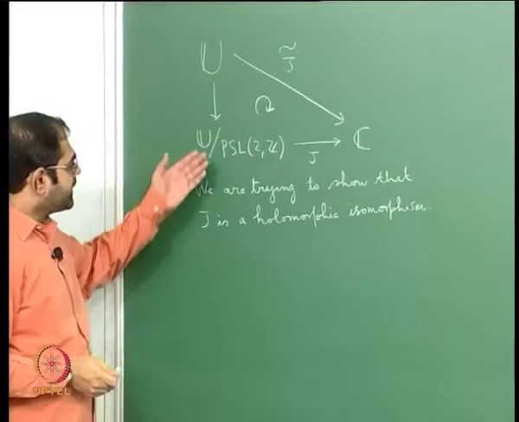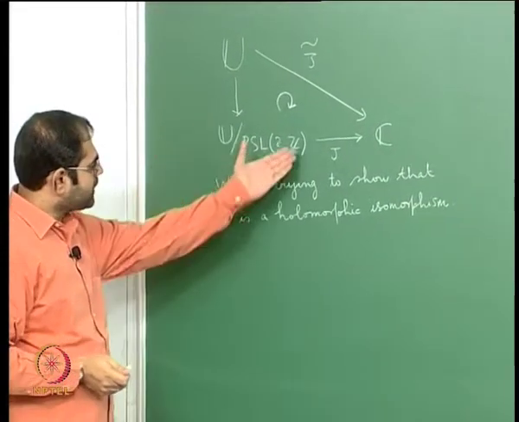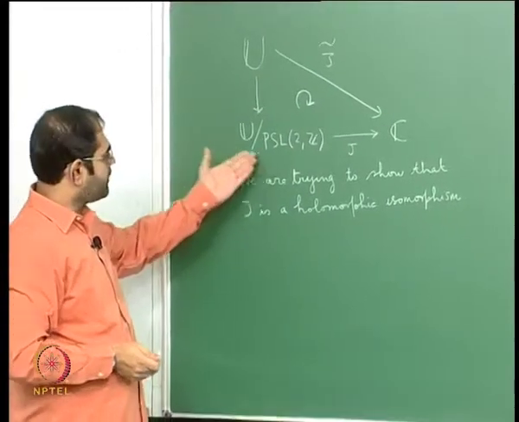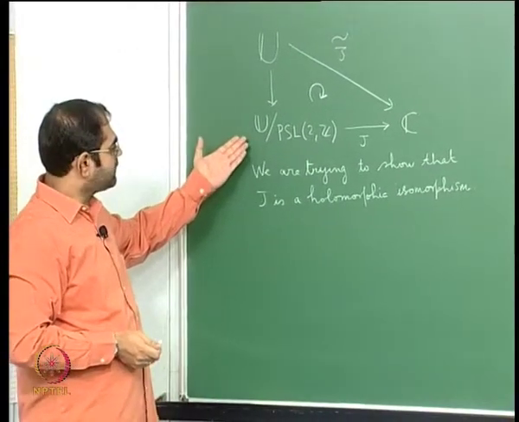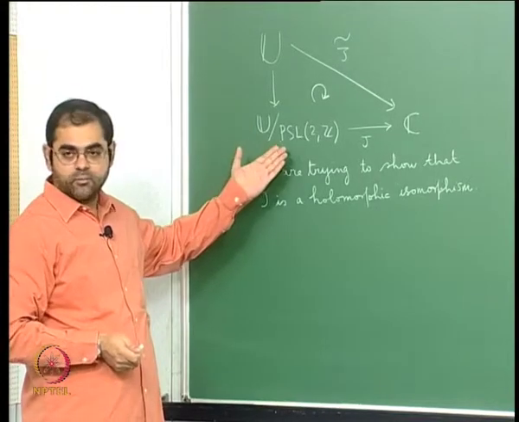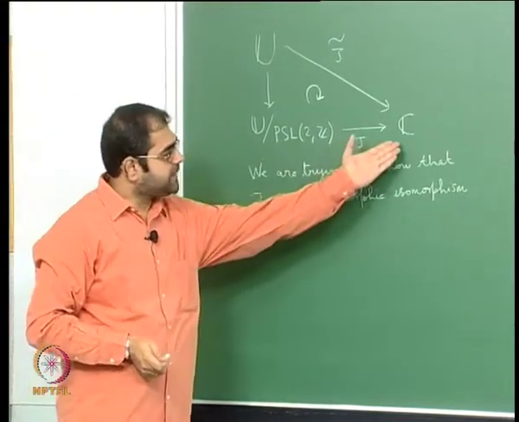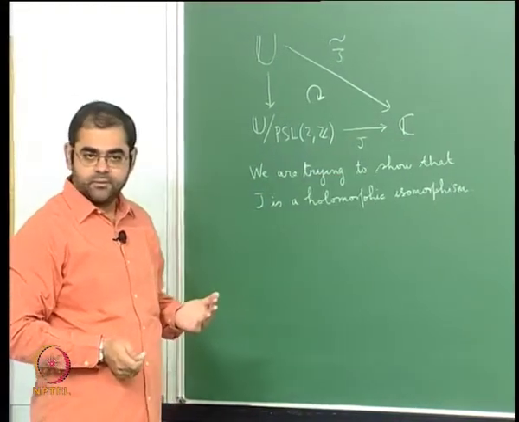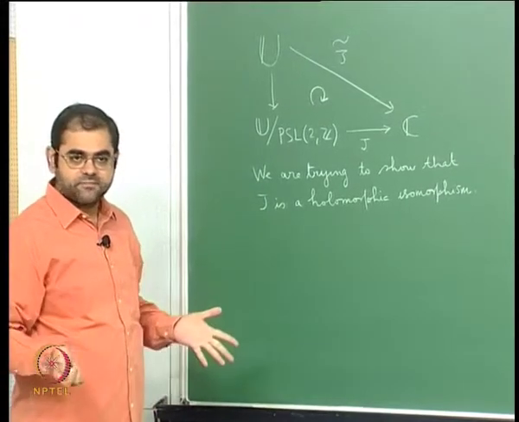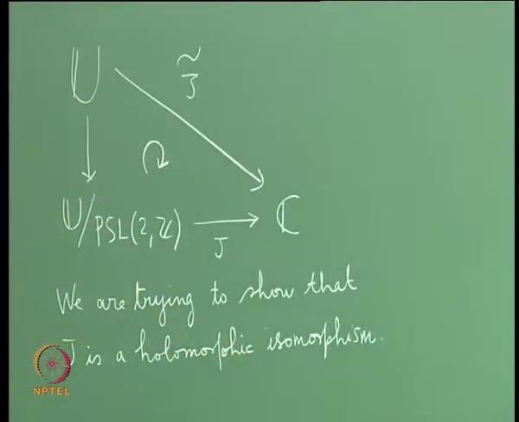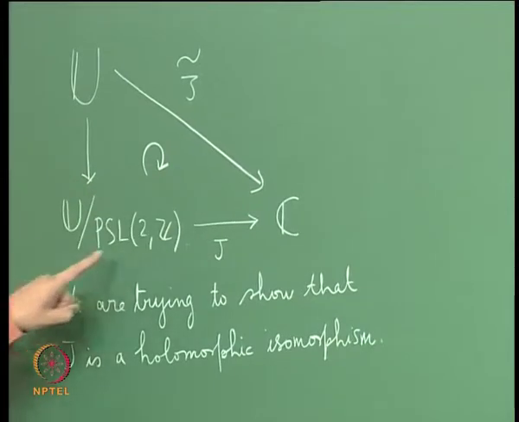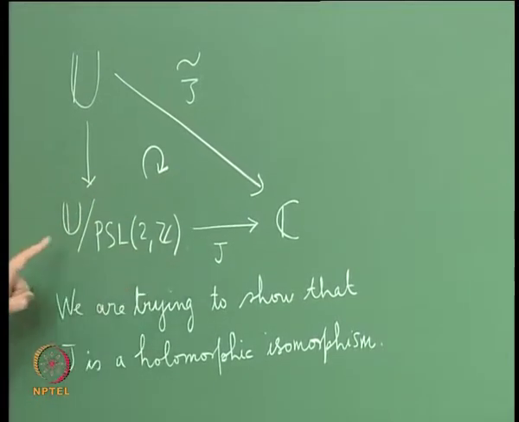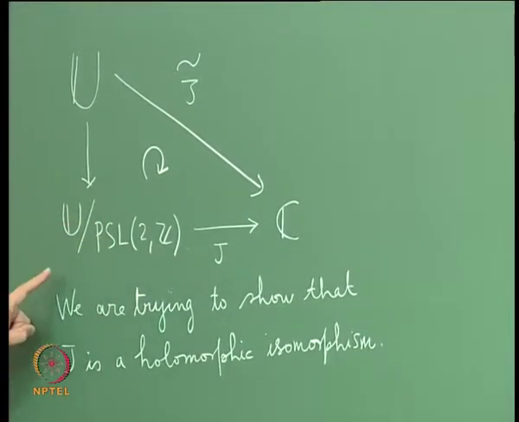In other words, we are trying to show that the natural Riemann surface structure on U mod PSL2Z, namely the set of orbits of the unimodular group on the upper half plane, is the same as the usual complex plane with the natural Riemann surface structure on it, okay, and of course you know that the interpretation for this is also the set of holomorphic isomorphism classes of complex tori.